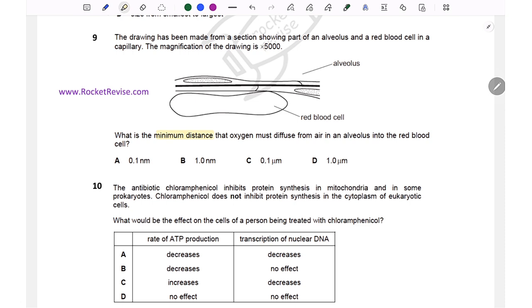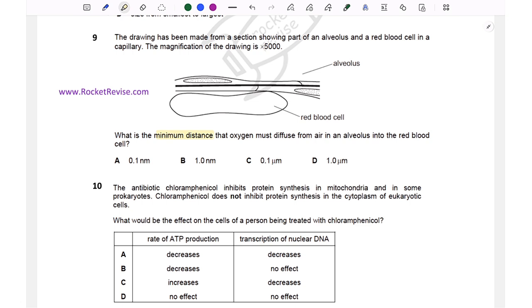So you know that the alveolar epithelium has a very thin wall, and then the capillary endothelium of the blood vessel is also very thin, and it's about 0.5 micrometer to 1 micrometer.